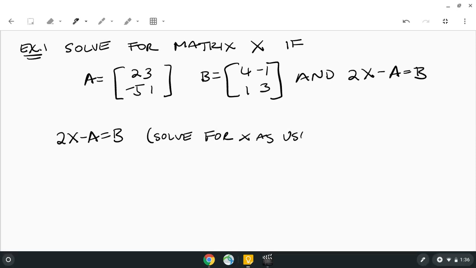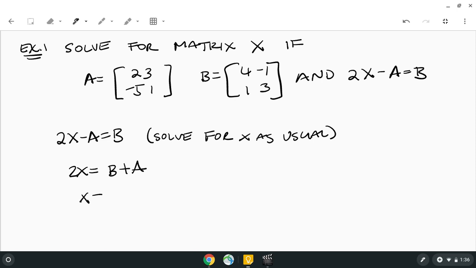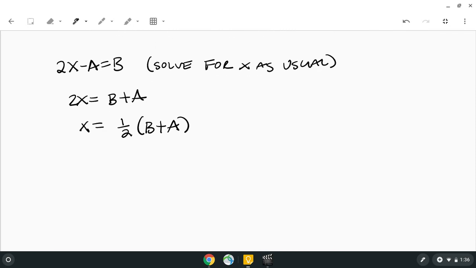I'm going to add A to both sides, and then multiply by 1/2 on both sides. So this is going to be addition of matrices A and B, followed by scalar multiplication by 1/2.